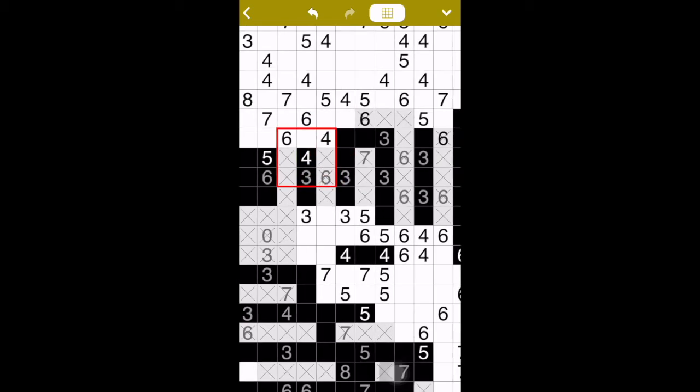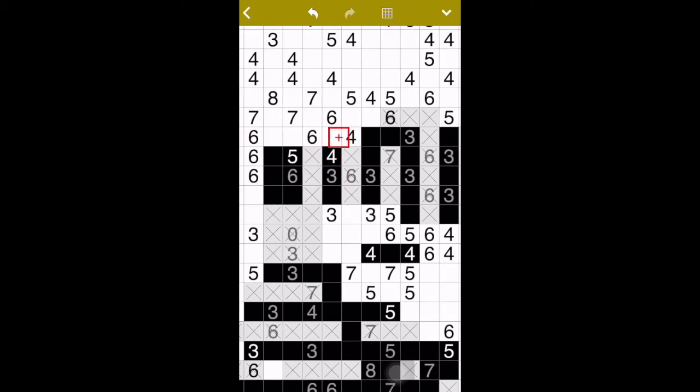And let's look at the 4 here. We have 2 black spaces, we just have to find 2 more. So 2 of the 3 will become black spaces, right? Now, does one of them have to be a black space? Is it a must? Yes, because we only have 3 spaces to work on, and I need to find 2 more.